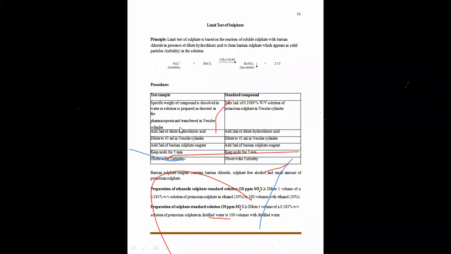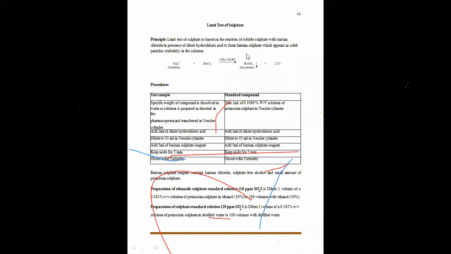Now, after that, we add 2 ml of dilute hydrochloric acid in both the solutions. After the addition of dilute hydrochloric acid, we dilute the reaction mixture up to 45 ml. See, in the earlier case, it was diluted up to 50 ml. Here we dilute up to 45 ml.